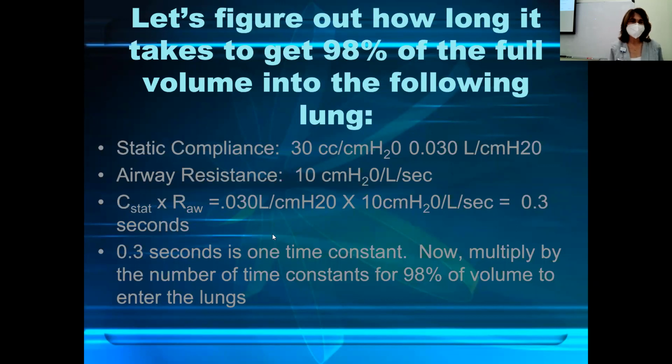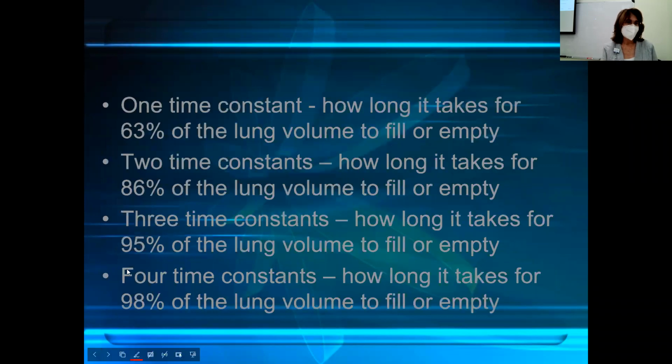Well, 0.3 seconds tells us one time constant. But if we want to fill the lungs up completely to 98% of the full volume, we have to multiply by the number of time constants. And what did we say it was? 4 time constants.